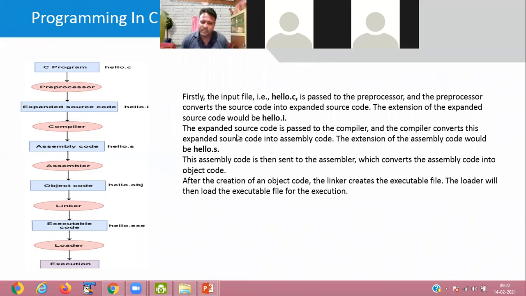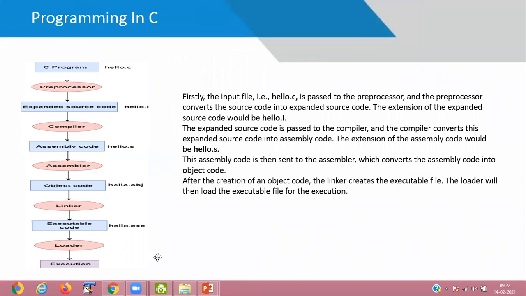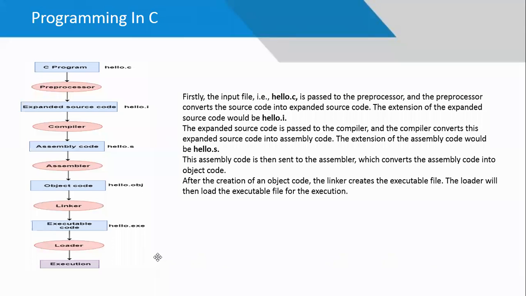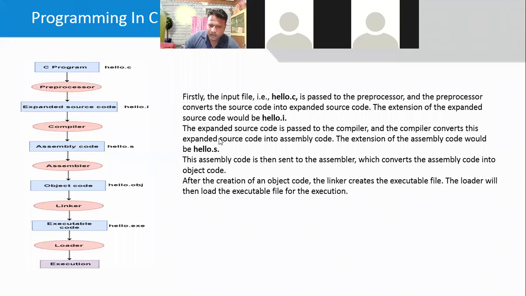Then the expanded source code is passed to the compiler, and the compiler converts this expanded source code into the assembly code.